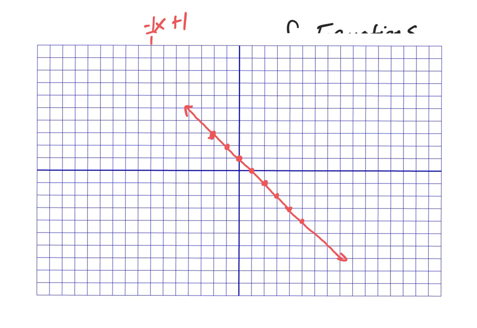Okay, the second line was negative 3x plus 7. So we're going to go up 7. That's our y-intercept. Okay, our slope is negative 3 over 1. So from that point, we're going to go down 3, right 1.